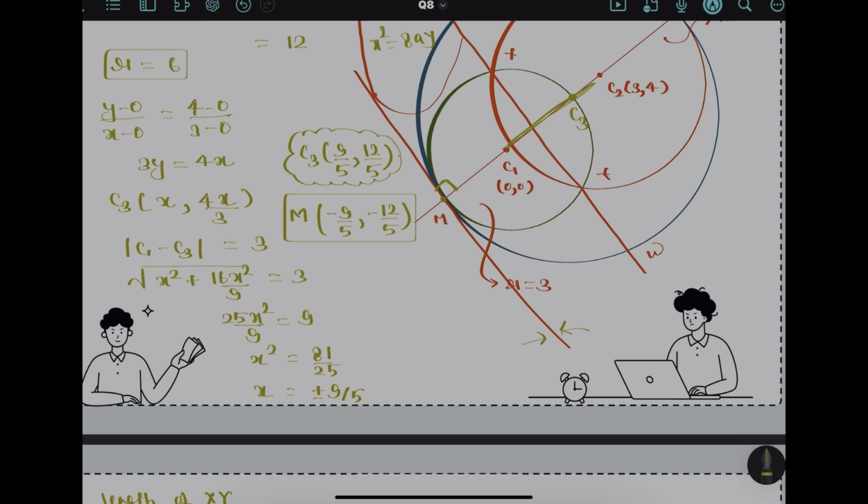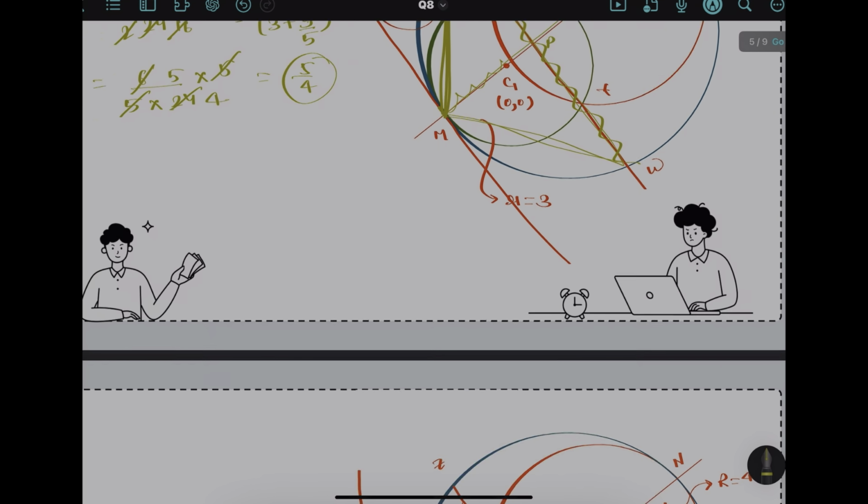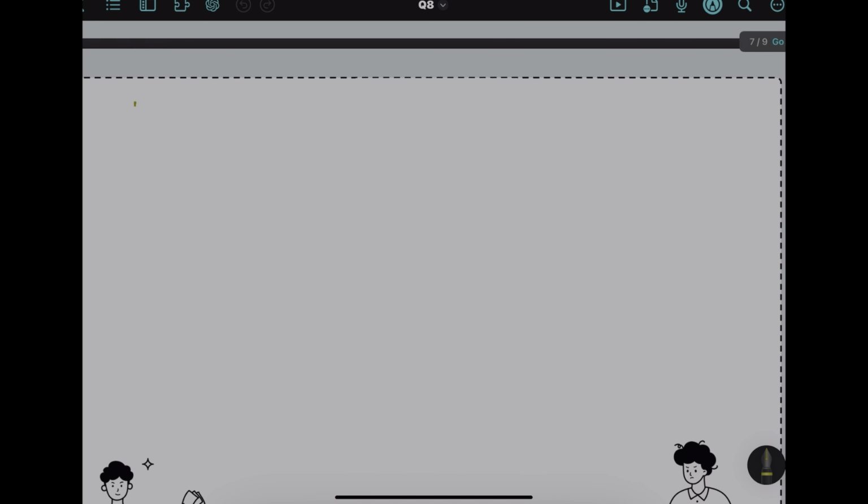Okay, so M is, we will solve. So the M point is minus 9 by 5, minus 12 by 5. Okay, so suppose this is the line, and this is the other line, for which you know one of the points is 0 comma 0 and 3 comma 4.